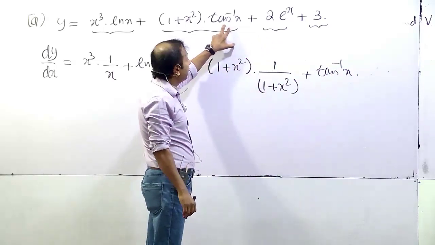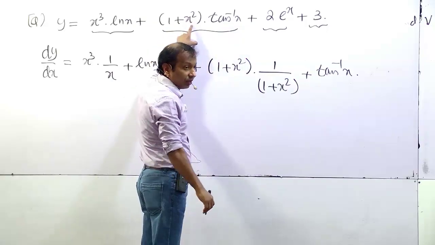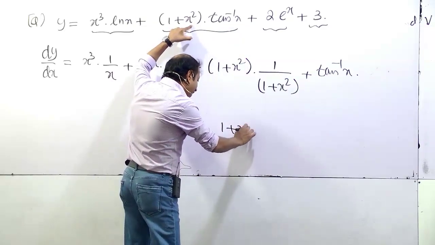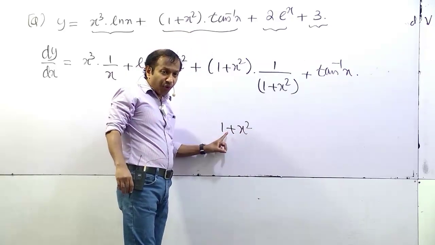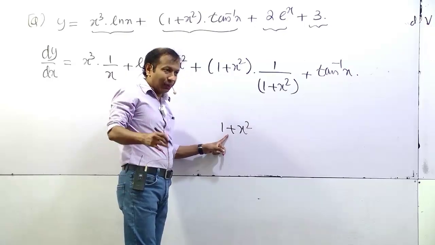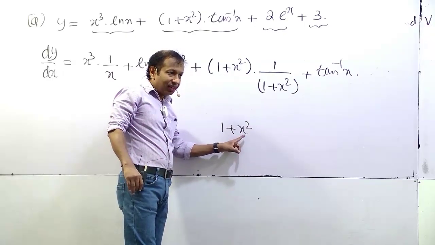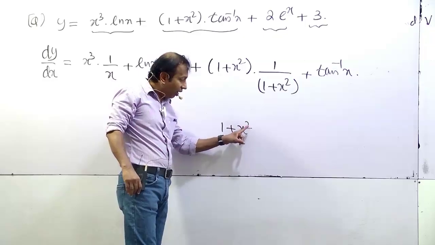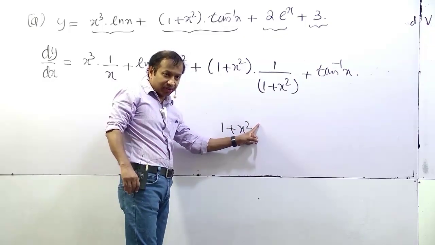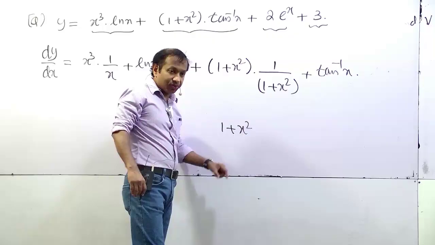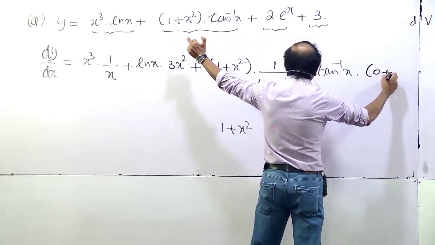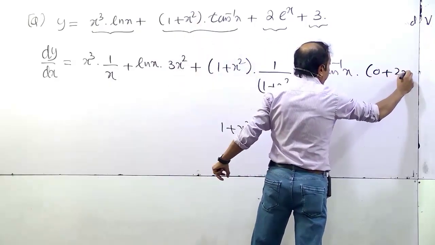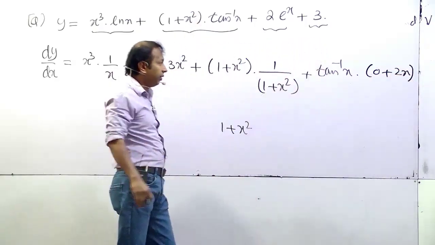That should be multiplied by the derivative of 1 plus x squared. People tell me how to differentiate 1 plus x squared. 1 is a constant alone, 0, plus x squared derivative how to take? Bring this 2 before, subtract 1 from the power. It is 2x, right. Then 1 is 0, x squared derivative is 2x, right.